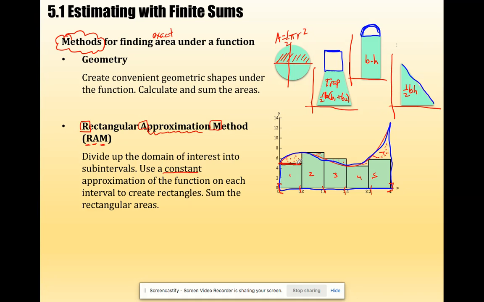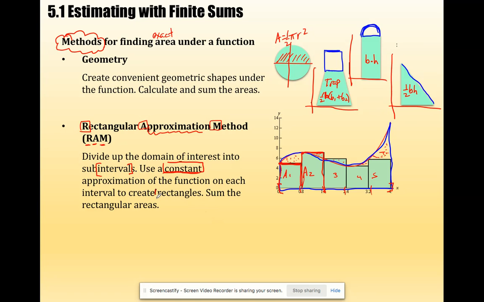It obviously doesn't, but I pretend it does. And then I find the area of that first rectangle. Then I go up to the function and I get the height of my rectangle, and I pretend the function is constant for another interval of 0.8. And then I calculate the area of that rectangle. So this whole idea of constantizing your function over intervals.